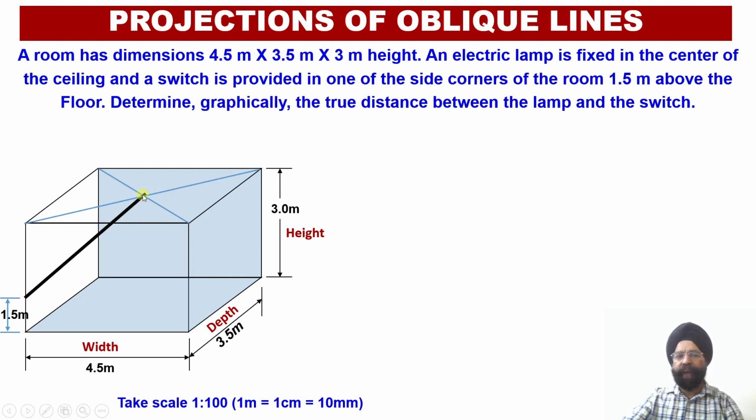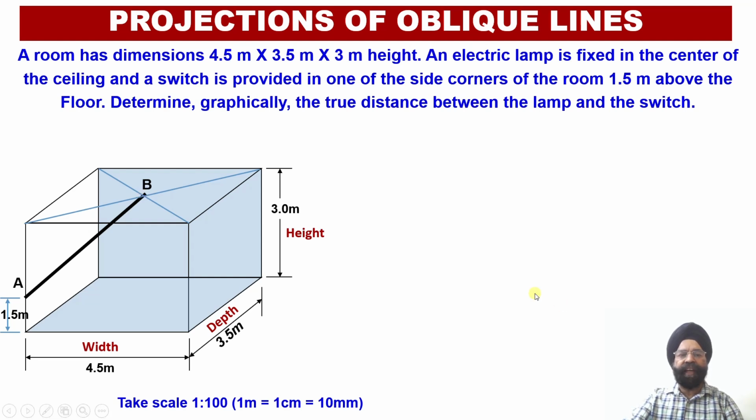So we need to evaluate the shortest distance between the switch and the electric lamp, that is, the length of this wire. These 2 points we can name as point A, corresponding to the switch, and point B, corresponding to the location of the electric lamp, which is centrally located on the ceiling of this room.